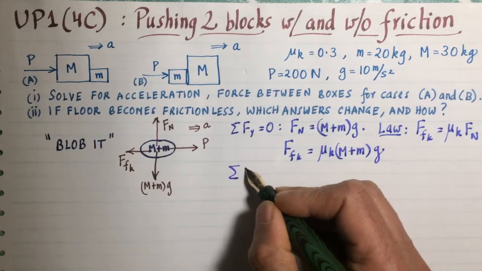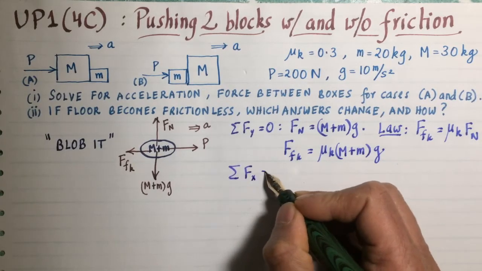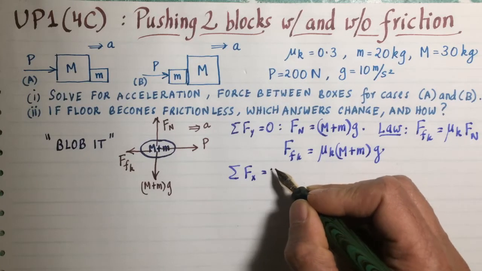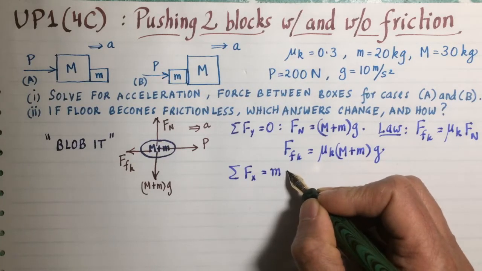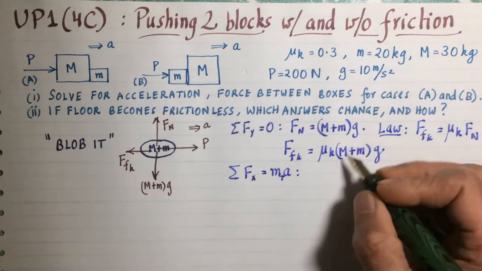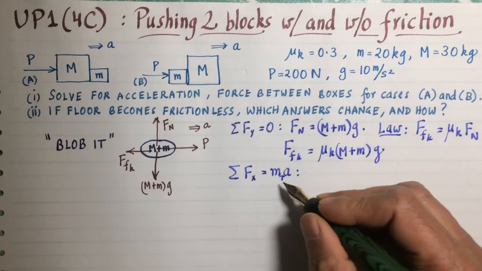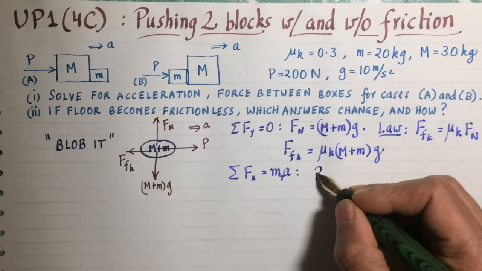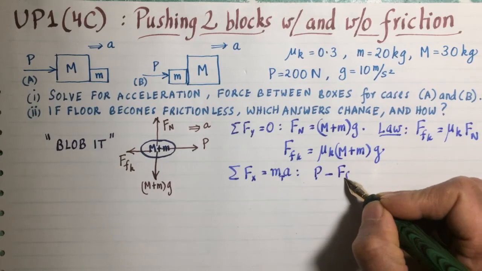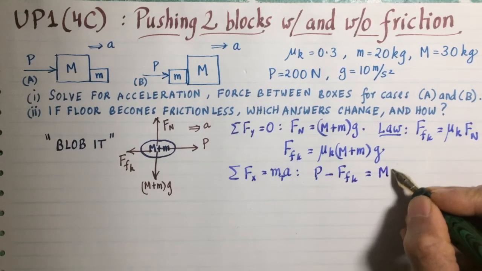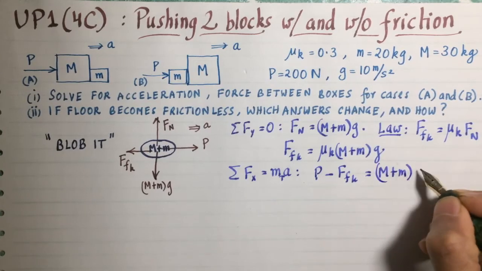Then we have the equation in the x direction. Sum of all the forces in the x direction equals the total mass times the acceleration. I'll just write it as M capital T times acceleration, where M capital T stands for M plus m. So the forces are going to be P minus F sub Fk is equal to the total mass, which is M plus m, times the acceleration.